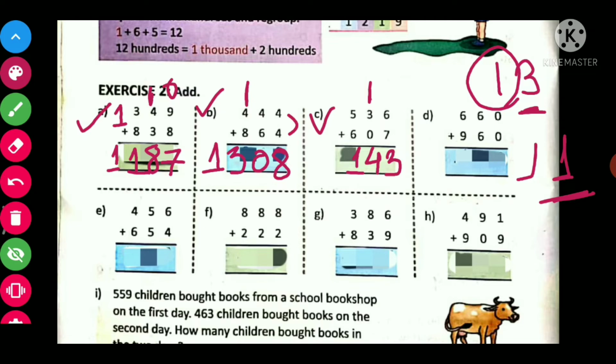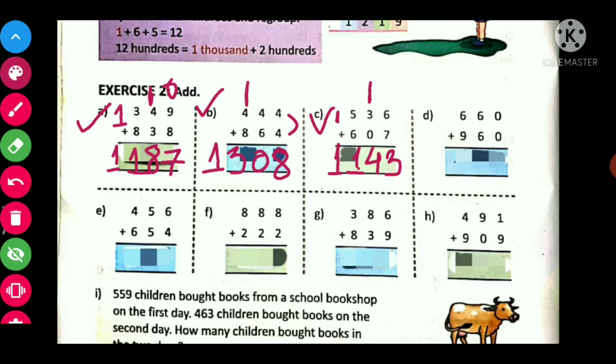But in the 1000 place value no number is there, only this 1, so we'll write 1 directly. So our number is what? 1143. Now I hope you have understood how you have to do regrouping while adding.